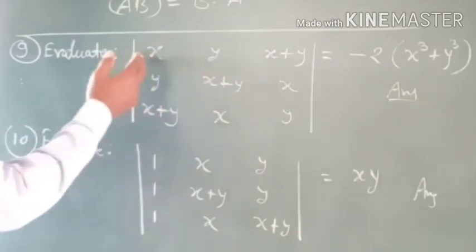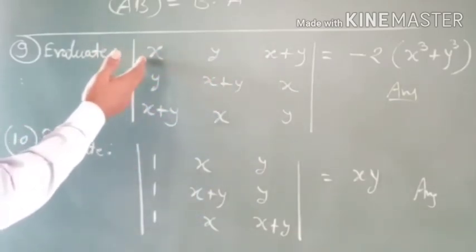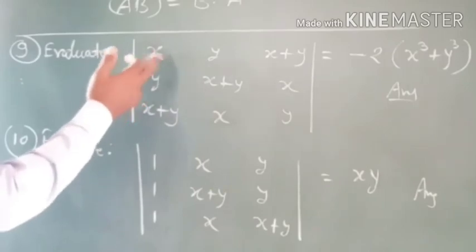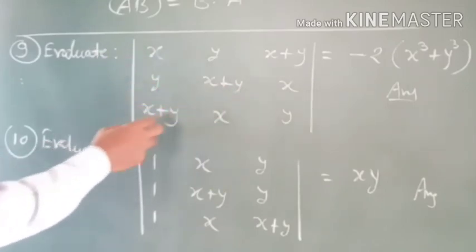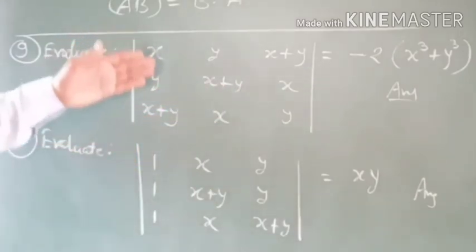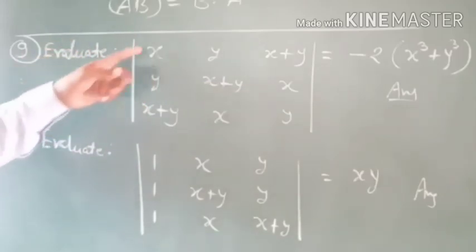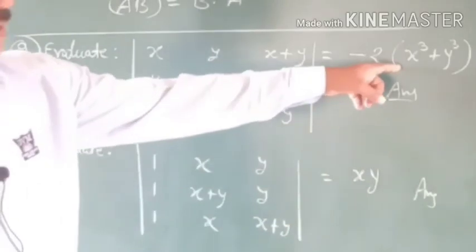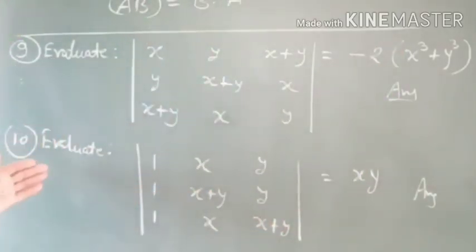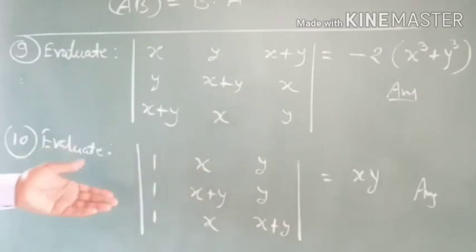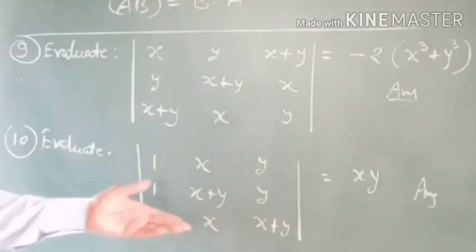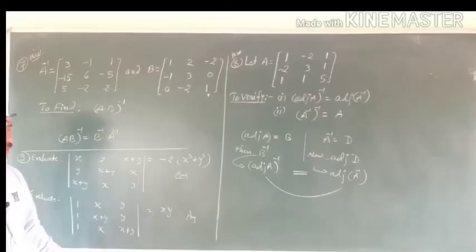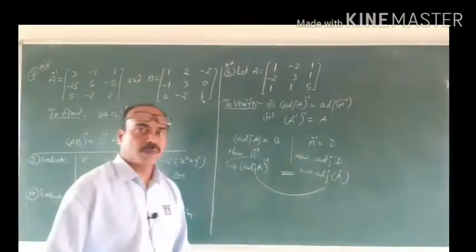Here you will get 2x plus 2y, it means 2 is common, so 2 times x plus y, here 2 times x plus y, here also 2 times x plus y, and when you take common, only 1 remains, and after that you will try. This is the answer. And for the next question, already in the first column there is 1 1 1, so make 2 zeros and find the answer. Okay, best of luck for this homework.